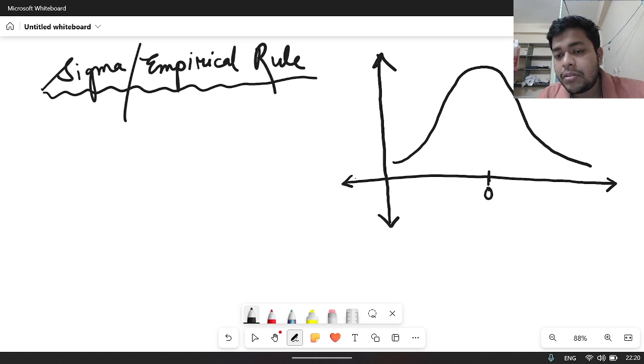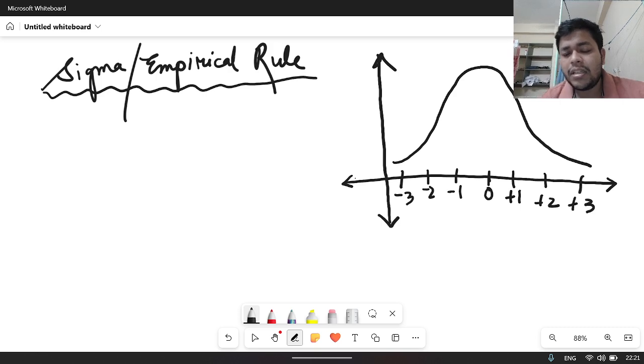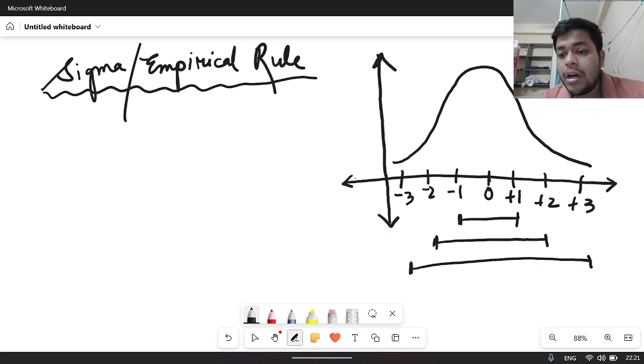Let this be 0. Let this be -1, +1, -2, +2, -3, +3. Let's imagine. From -1 to +1, in this region, 68.2% of your data will lie.